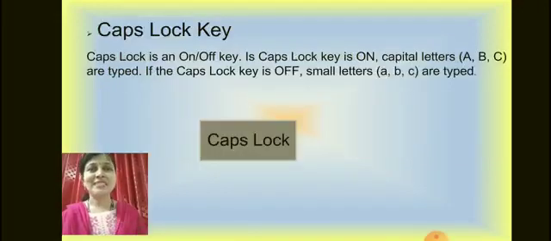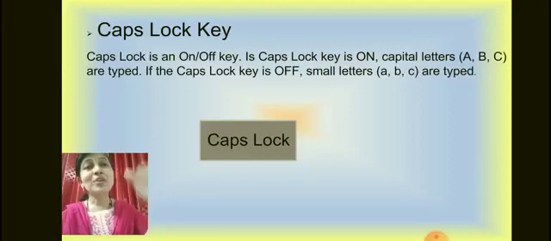Next one. What is this? Caps Lock key. Caps Lock means capital letters. In the keyboard, there is a key known as the Caps Lock key, and you can see the blinking light.